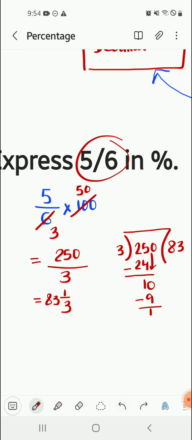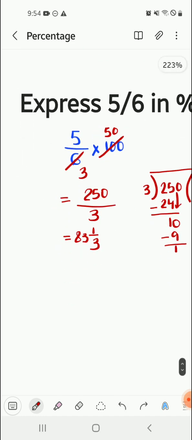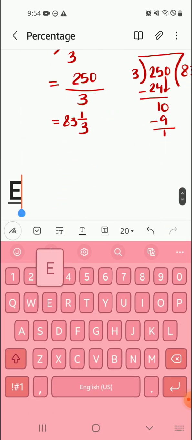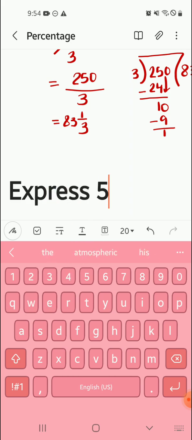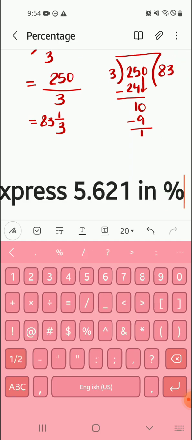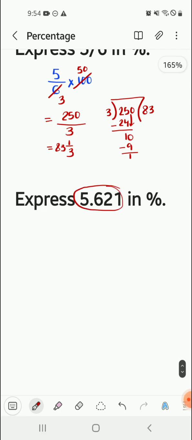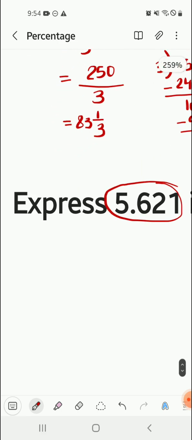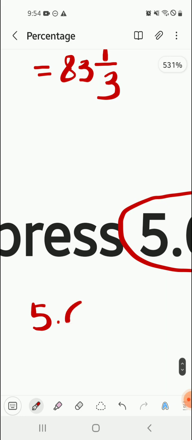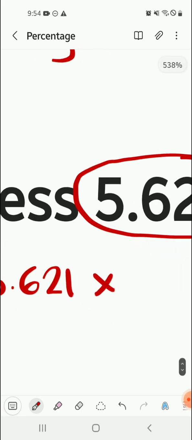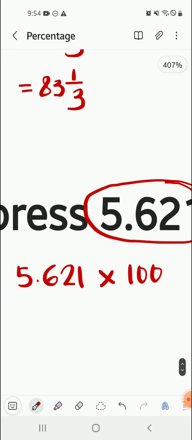Moving on, if we are given, for an example, a decimal, like express 5.621 in percentage. If you are asked to do this, again we are going to follow a simple step. The decimal given to us is 5.621. So this needs to be multiplied with 100. Multiplying a number with 100, the decimal point will be shifted.